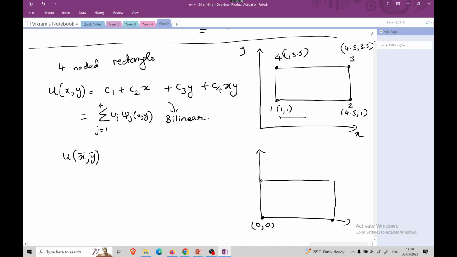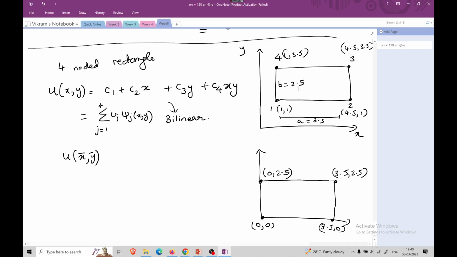Accordingly, this length will be 3.5, means this will be 3.5 comma 0. This will be 3.5 comma 2.5. This will be 0 comma 2.5. Okay, so this is going to be A and this is going to be B.